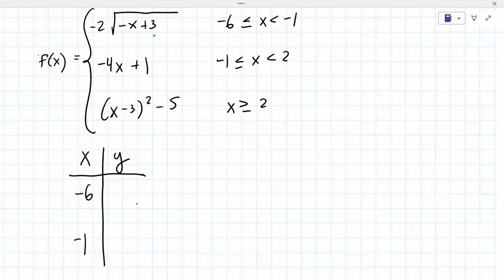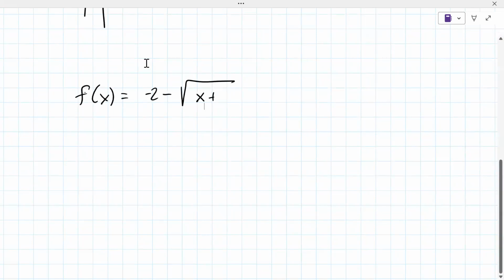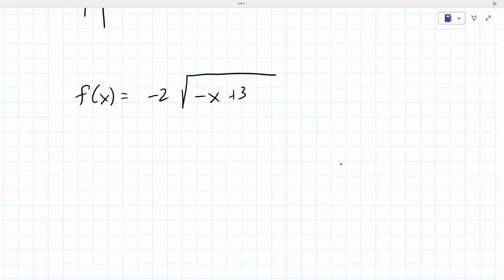I'll show you an example for this. Let's say that f of x is -2 square root of negative x plus 3. Let's say I wanted you to find f of -13.